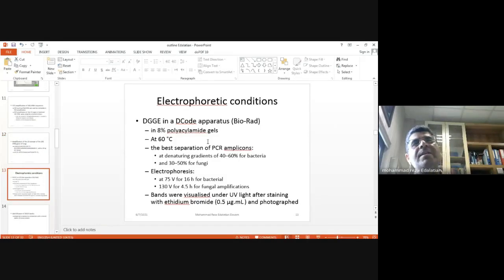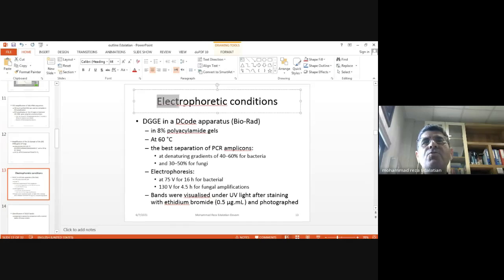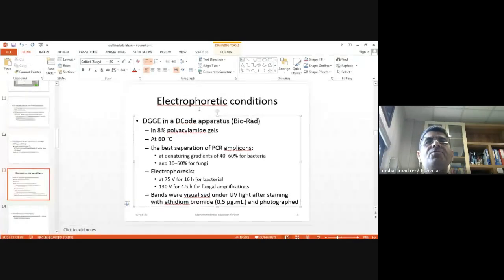Okay, in the next slide, as you can see here, we have the electrophoretic conditions. After performing the PCR, we should perform the electrophoresis, so we should know the electrophoretic conditions.